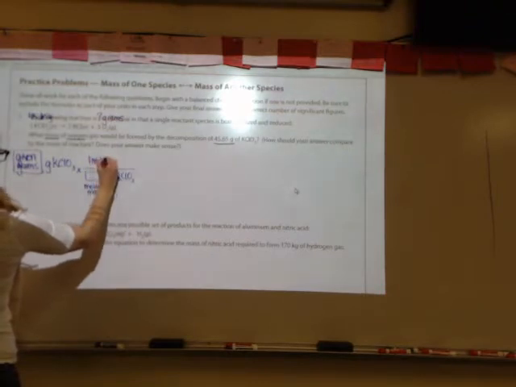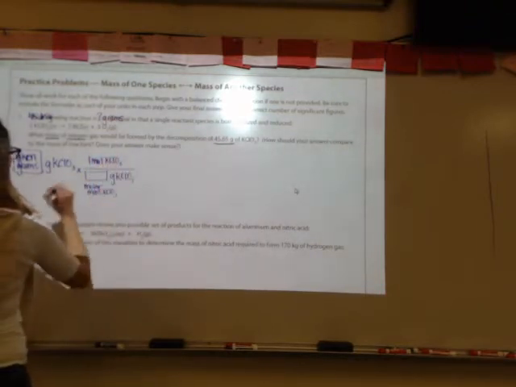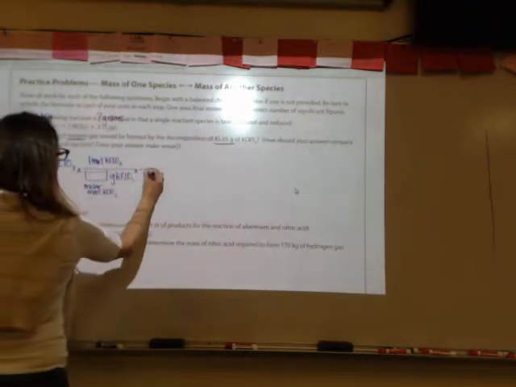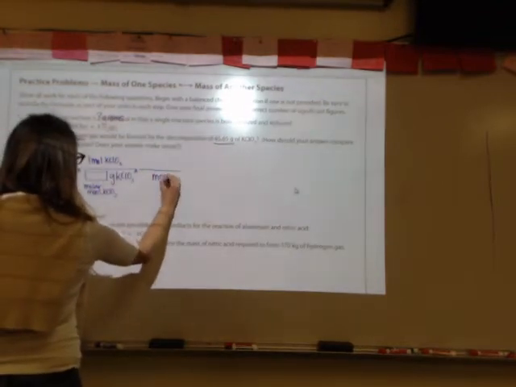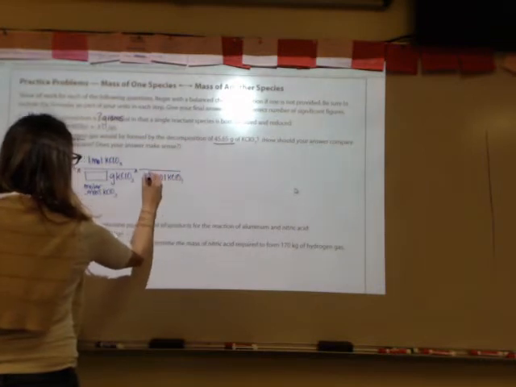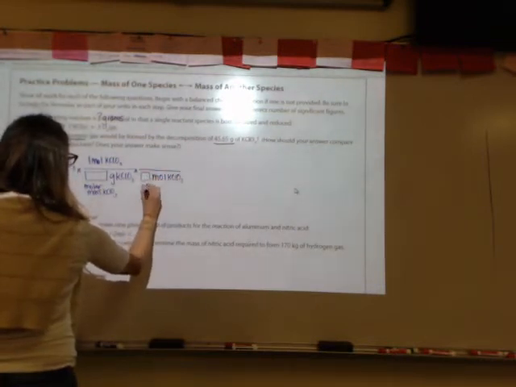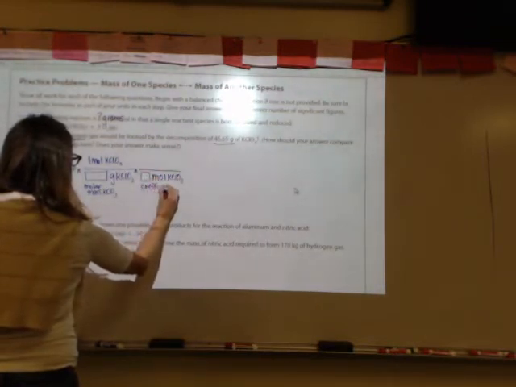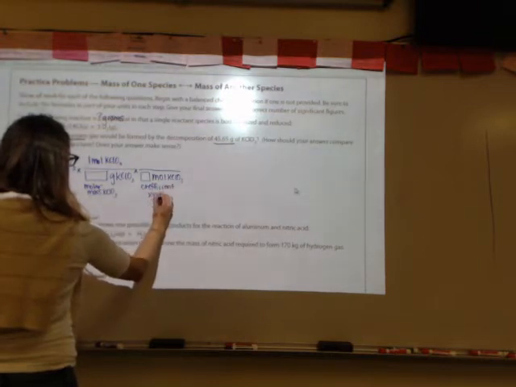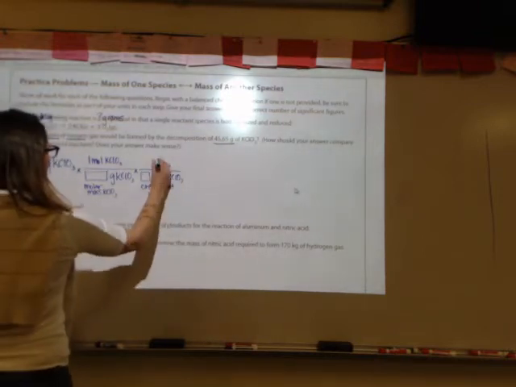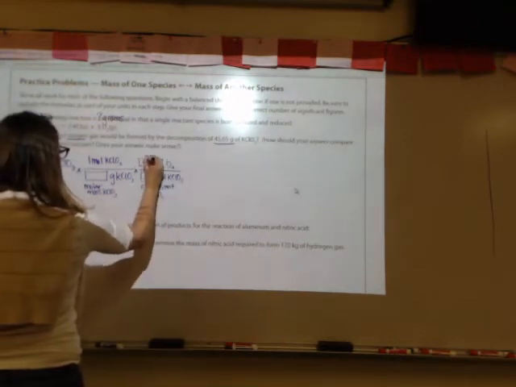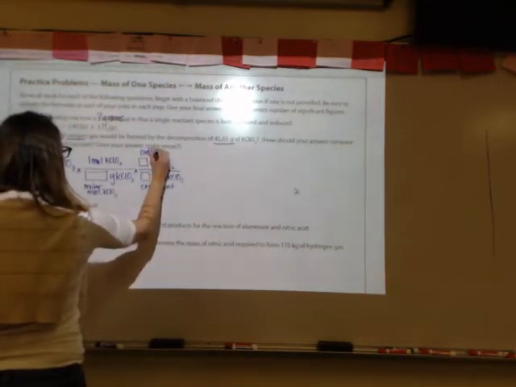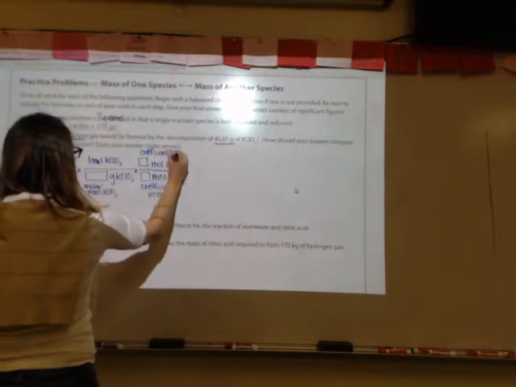And 1 mole of KClO3 will be on top. Then moles of KClO3 follows you onto this diagonal. And what goes here is the coefficient that is on KClO3. And then on top, we're going to O2. So the number that would go here is the coefficient on O2.